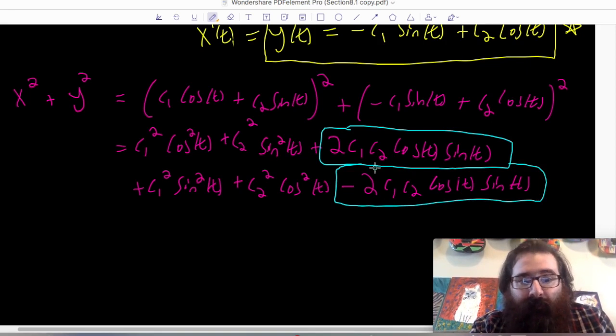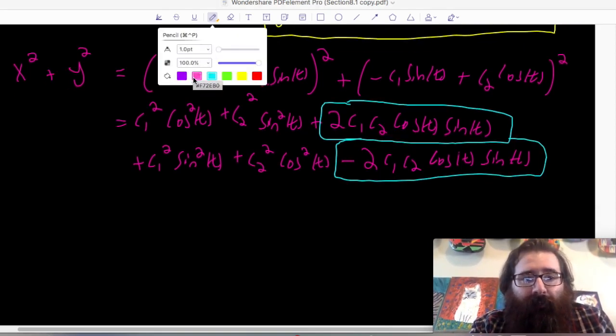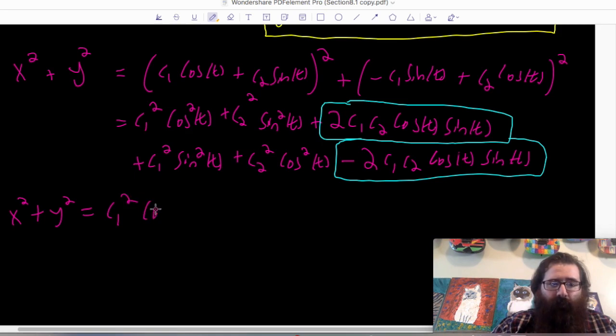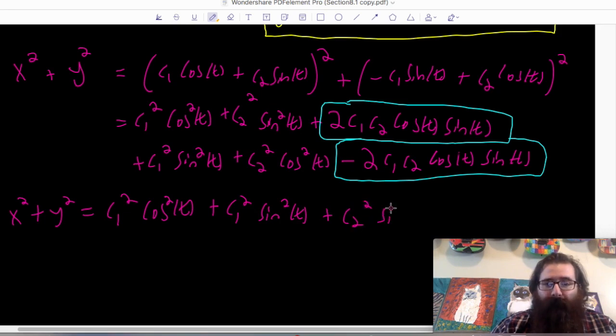So those cancel, and we're left with, so I'll write it underneath, x squared plus y squared is equal to, let me write it so that the like coefficients are next to each other: c sub 1 squared cosine squared t plus c sub 1 squared sine squared t plus c sub 2 squared sine squared t plus c sub 2 squared cosine squared t.